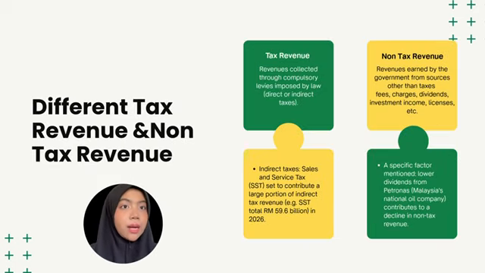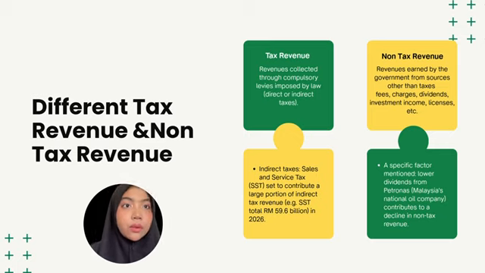The third question is about the difference between tax revenue and non-tax revenue. What is tax revenue? Tax revenue is revenue collected through compulsory levies imposed by law, which is direct or indirect tax. So for example, in the new Malaysia budget, indirect tax such as SST, which is sales and service tax, contributes a large portion of indirect tax revenue, 59.6 billion ringgit in 2026.